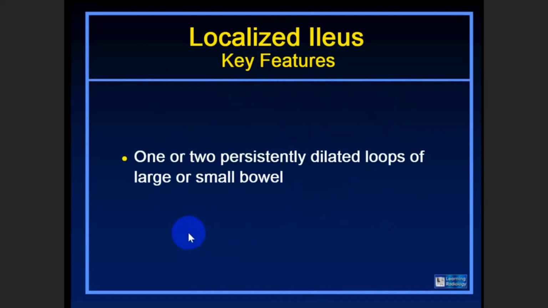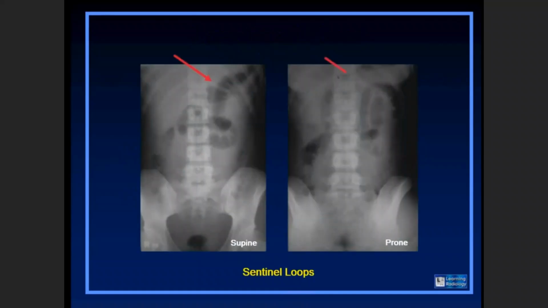Localized ileus key features: 1 or 2 persistently dilated loops of large or small bowel can be visualized, with gas in rectum or sigmoid. We have sentinel loops. This part of the image shows the sentinel loop, the part of the ileus that lost its innervation, which is dilated and filled with gas.